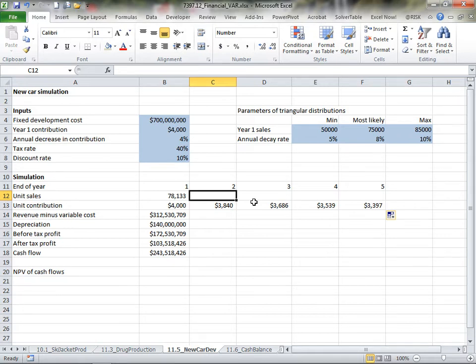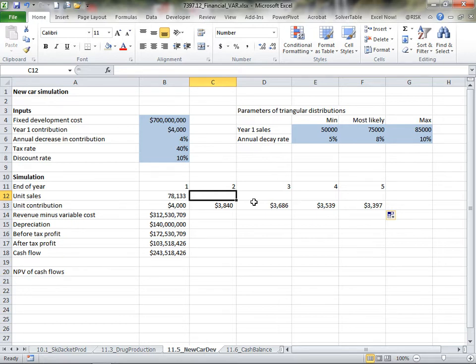What we're saying is demand in year 2 is going to be a function of demand in year 1. And demand in year 3 is going to be a function of demand in year 2. What we want to model is the decay. So the way I would model this would be exactly the same way I modeled the margin.